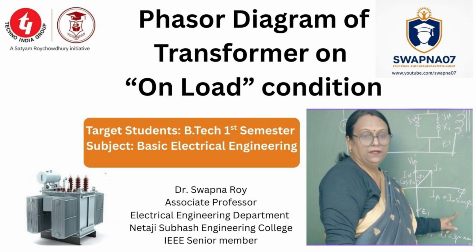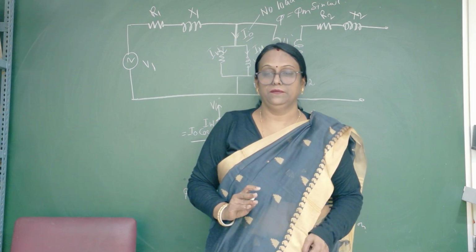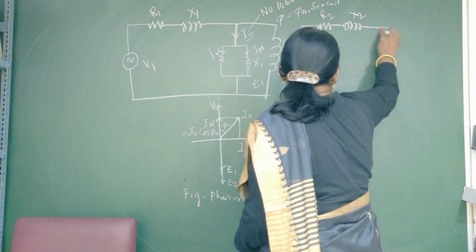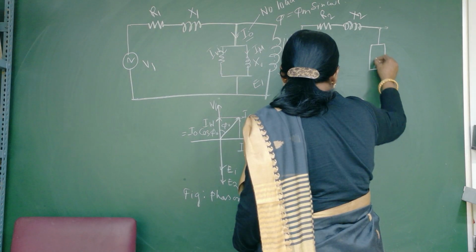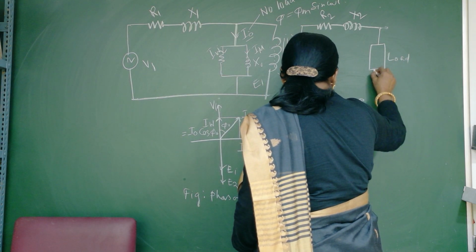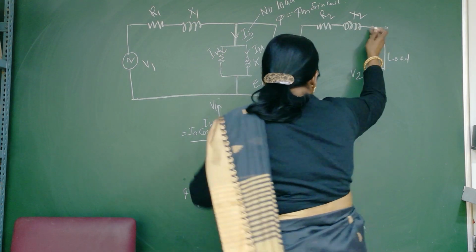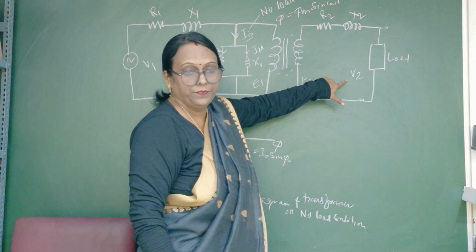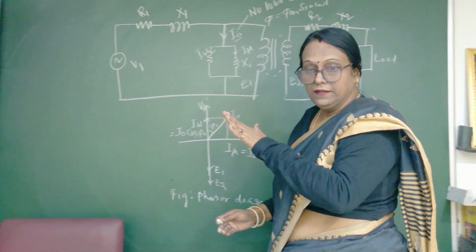Now, we will discuss the transformer on load condition. That is, when the load is connected to the secondary terminal, the load terminal voltage is V2 and the supply voltage is V1.